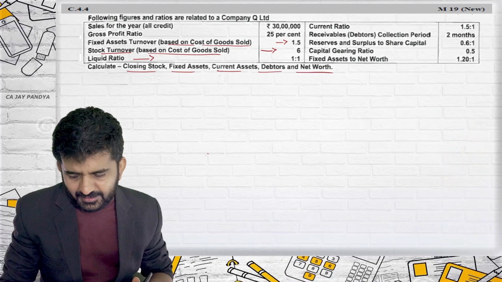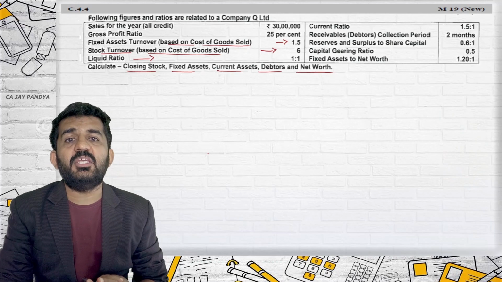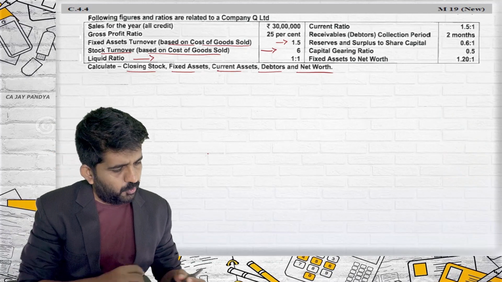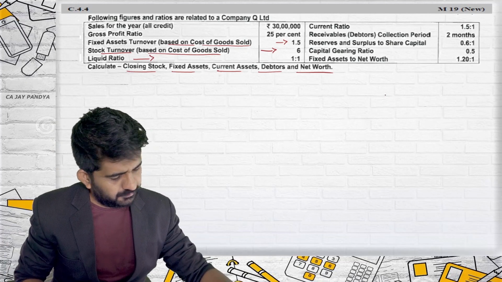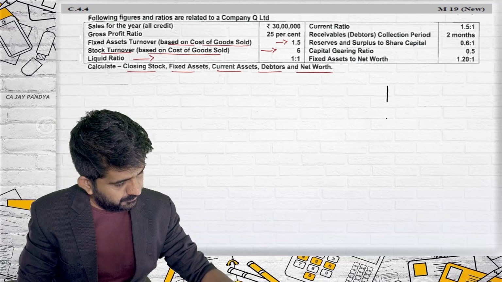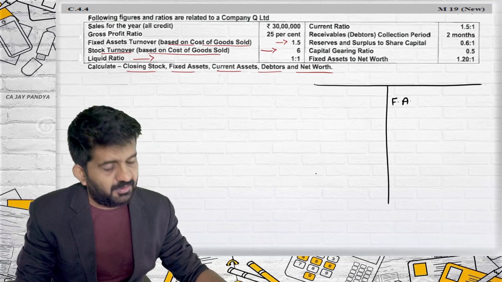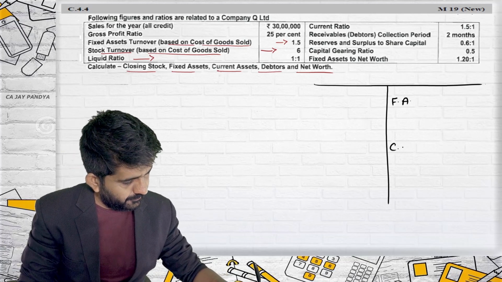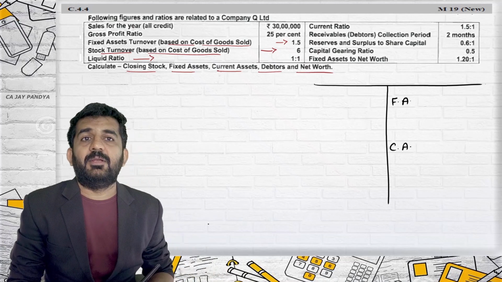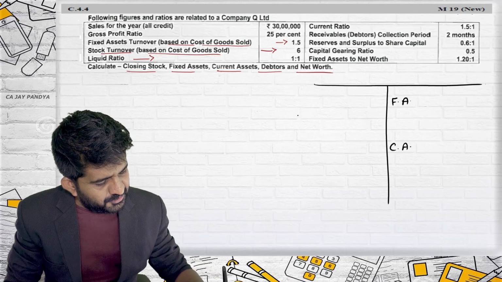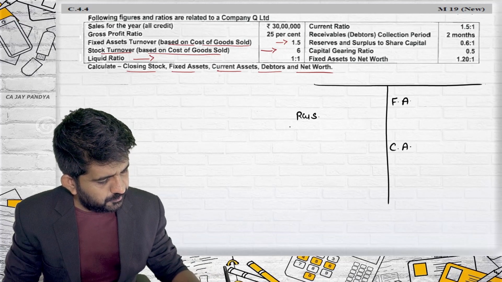So practically they are asking me each and every item of the balance sheet. So let me try to draw a balance sheet over here. See, in the balance sheet there will be fixed assets. There will be current assets. There are reserves and surplus also.